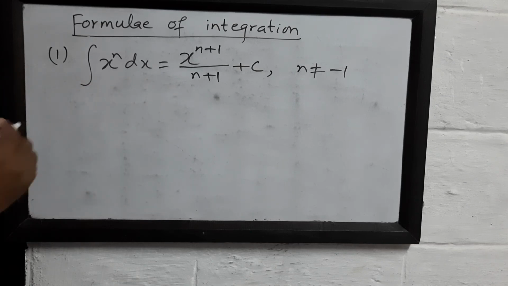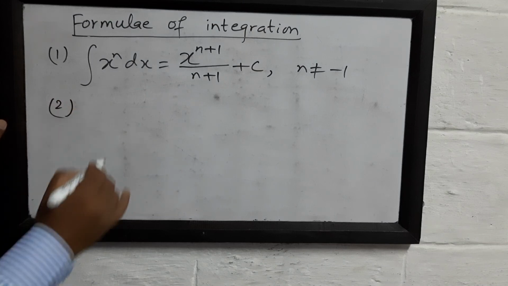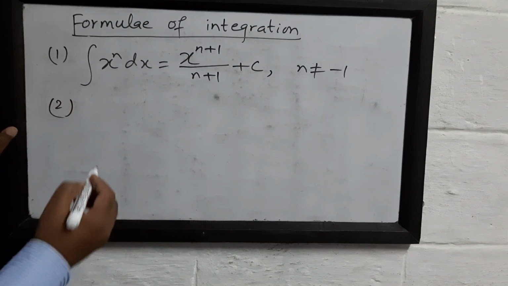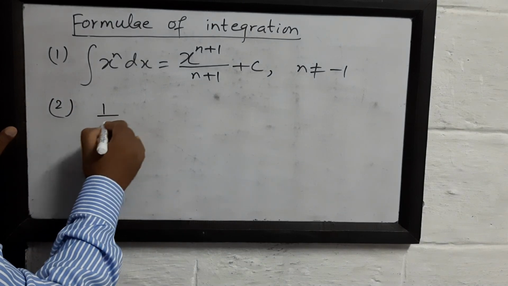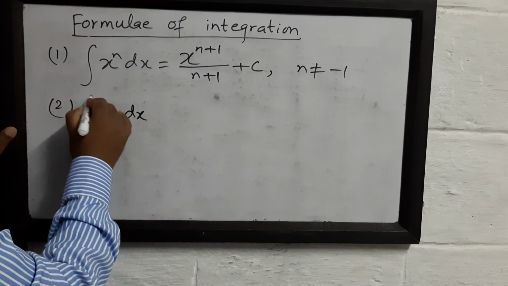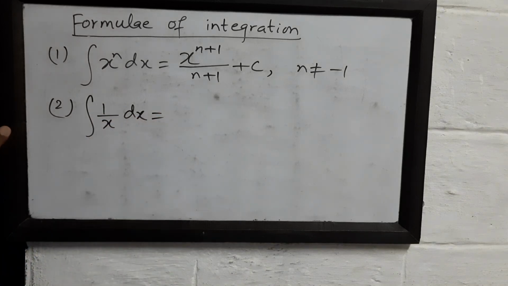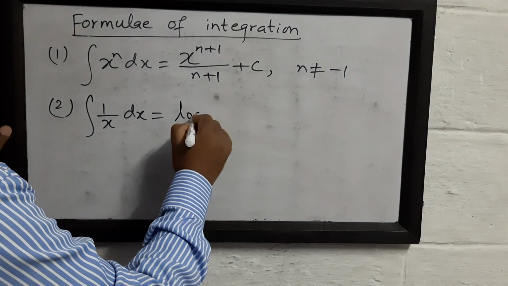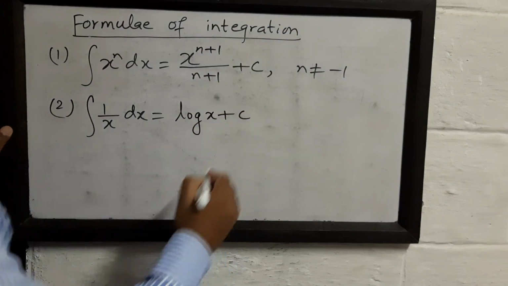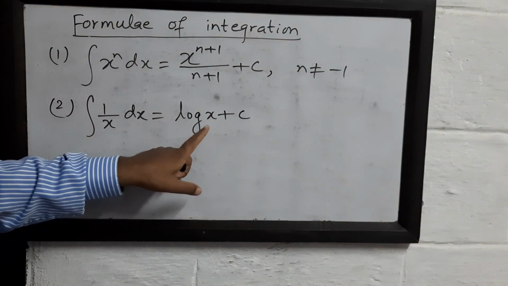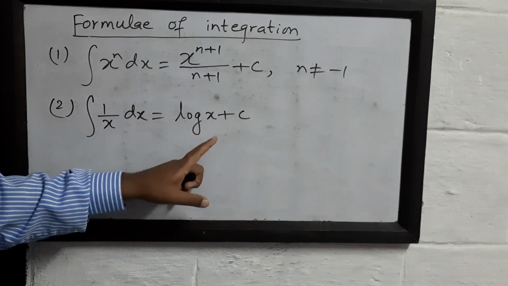Similarly, the next formula is for the integration of 1 over x dx. Its integration is log x plus a constant. It is also written as ln x.